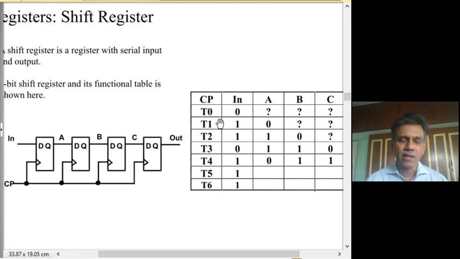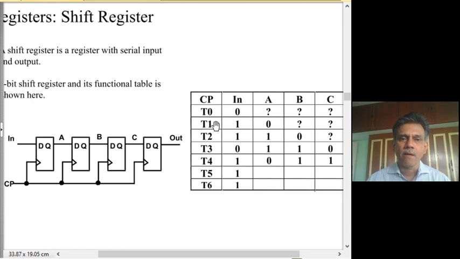When a clock transition comes, we go from T0 to T1. So T0 is one clock period. At the end of T0, a positive edge comes and a change occurs, and the next clock period is called T1. T0 and T1 are successive clock periods separated by a clock transition when the flip-flop changes.